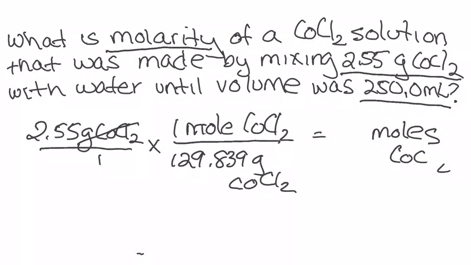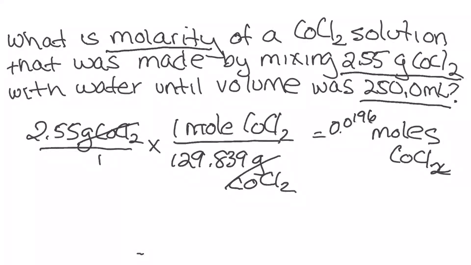And so the grams cancel and I have moles, which is what I want. So I take 2.55 divided by 129.839, and rounding to 3 significant figures, I get 0.0196 moles of cobalt 2 chloride. So I've done the first step, solve for moles.